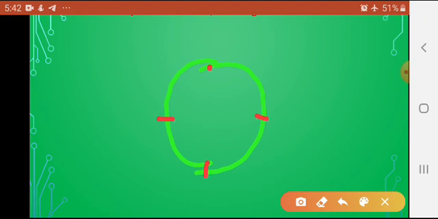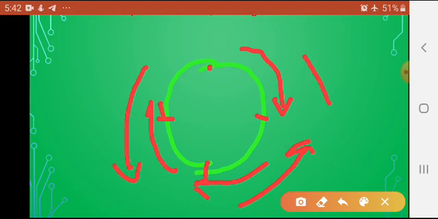Suppose that it is a clockwise direction. If you are going like this, it is a clockwise direction. But if you are going this side, it is an anti-clockwise direction.